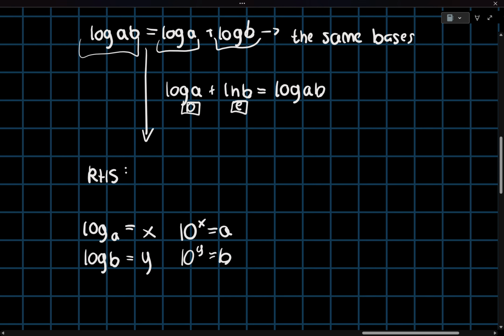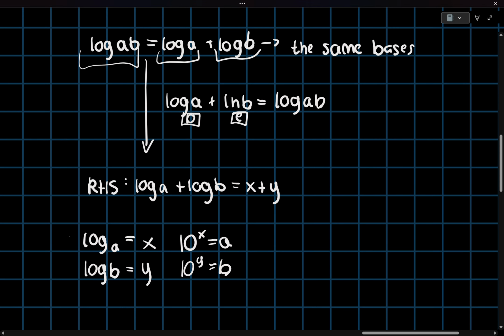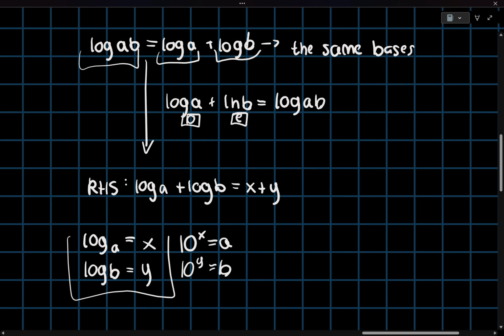Alright, so now that you have it, you can just write that logarithm a plus logarithm b equals x plus y, because that's what we get from the substitution here.